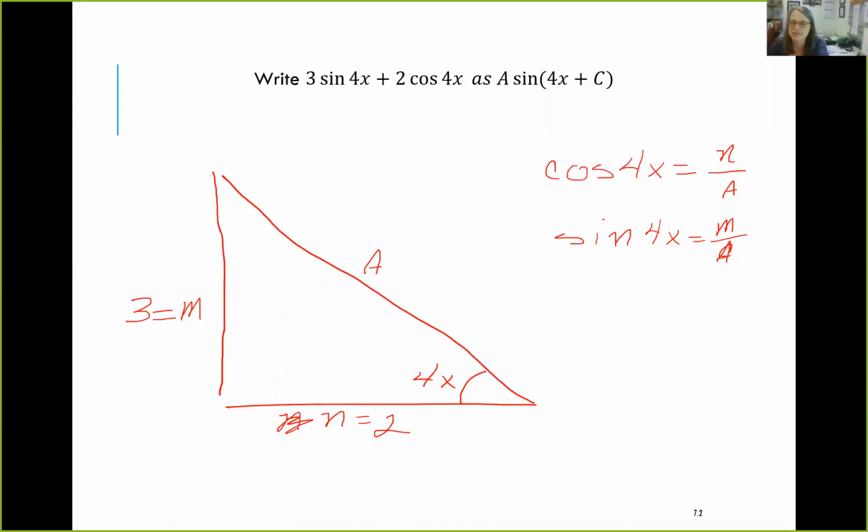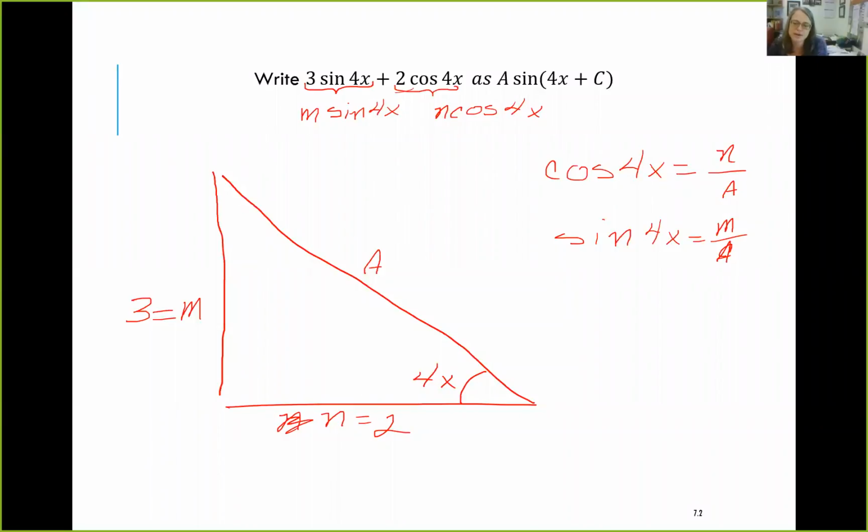So my sine of 4x, this is M times the sine of 4x. This guy is N times the cosine of 4x.